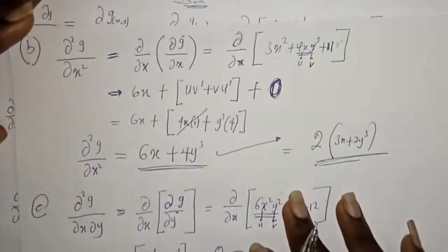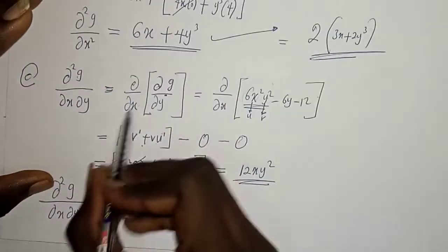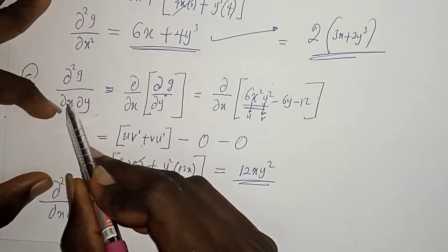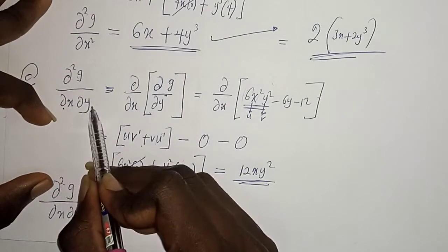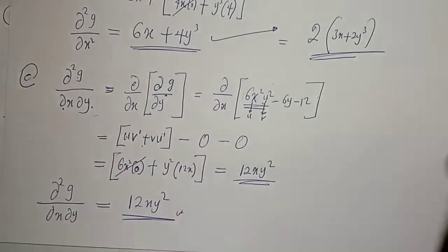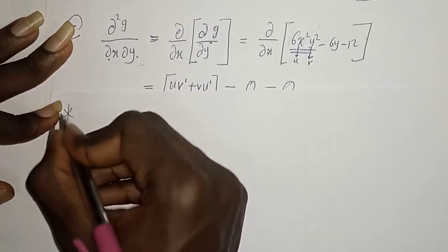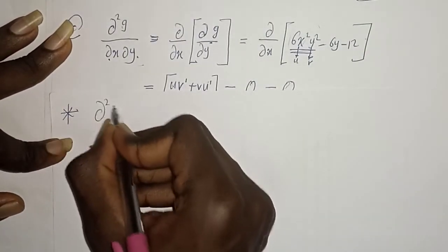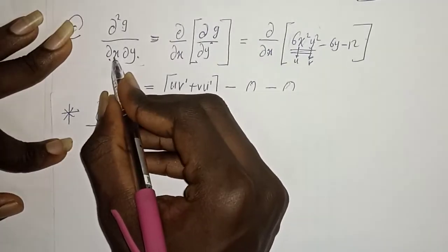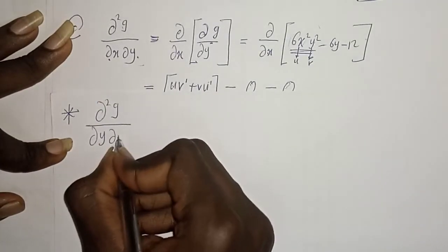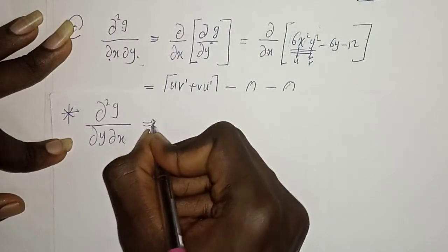But okay, what if I decide to pick y first and dx is there? What do you think is going to happen? Let's try that. It's not part of the question, but let's just try it to see how it looks. Suppose we now have del squared g over, the question now comes in form of del y del x. Let's see how this works, whether we get the same answer or not.